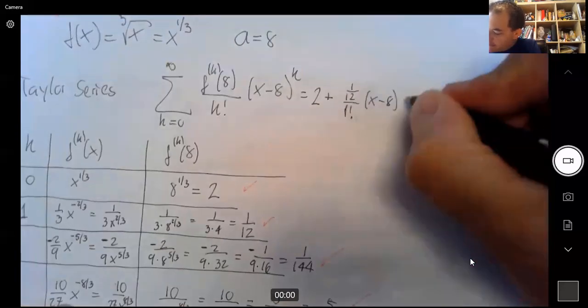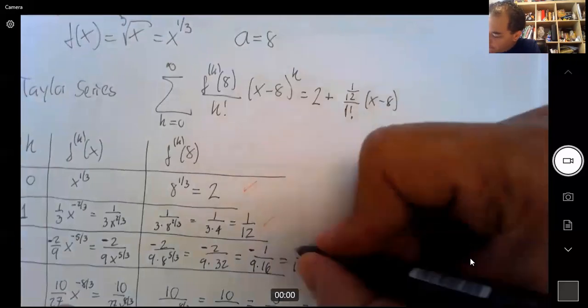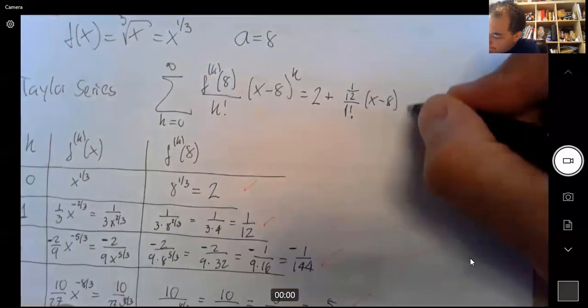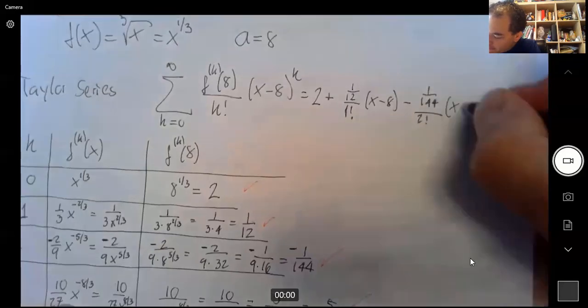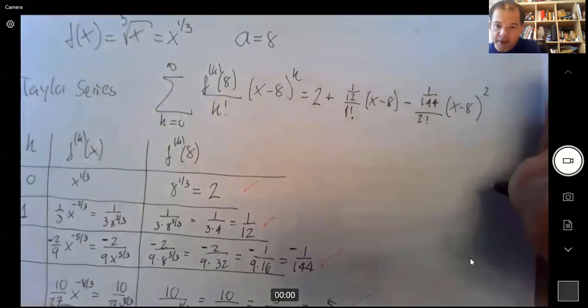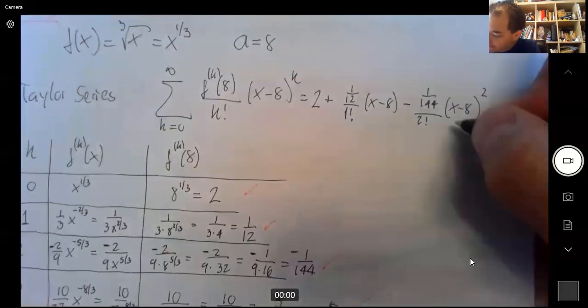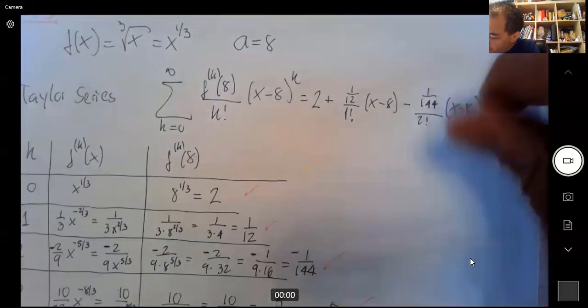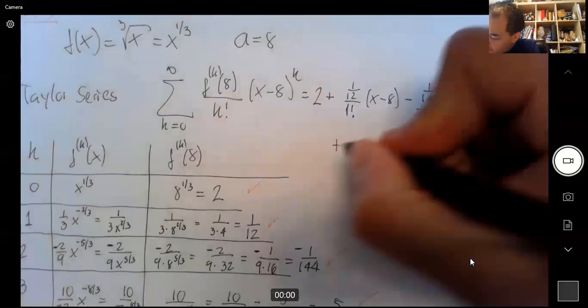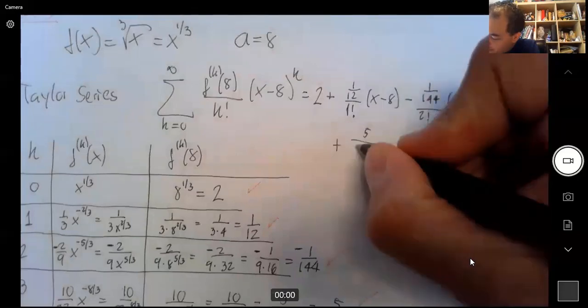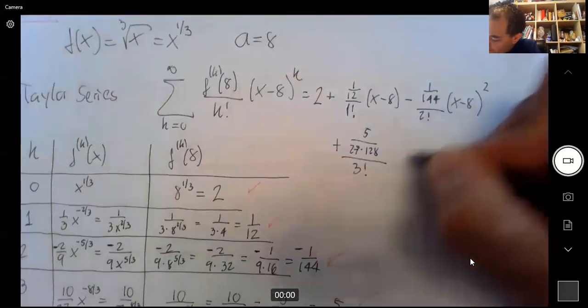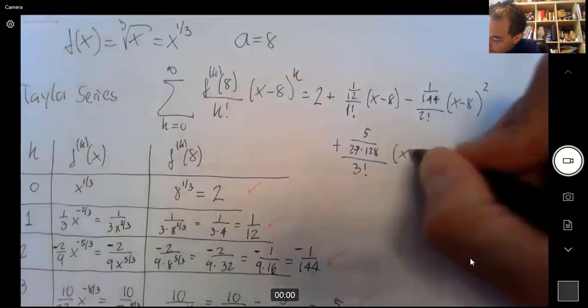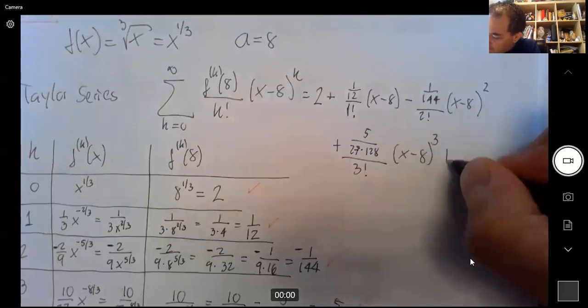The next is negative 144 over 2 factorial, x minus 8 to the second power. And the last that we need to calculate is 5 over 27 times 128 over 3 factorial, x minus 8 to the cube. And then it continues, right?